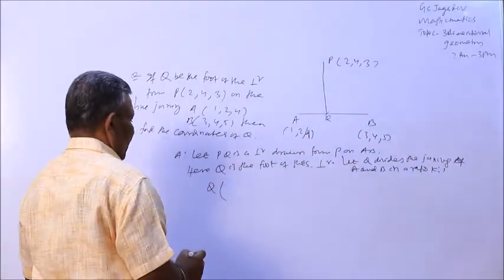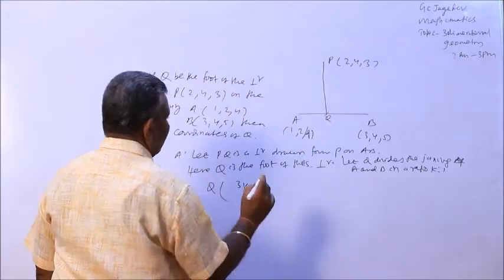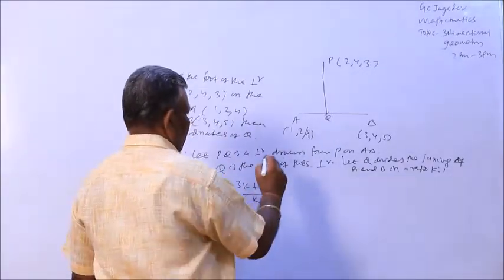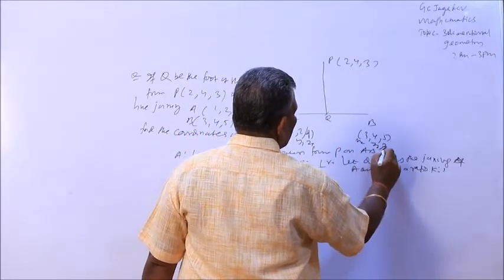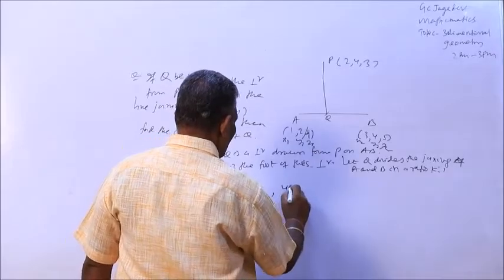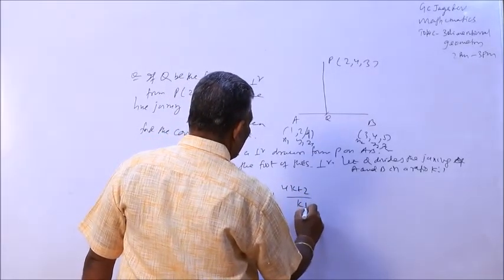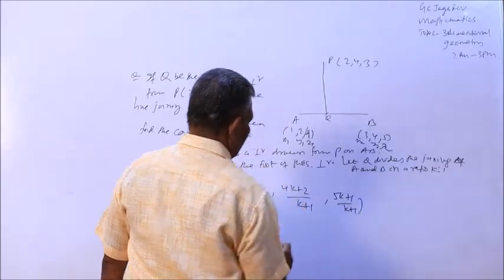So Q can be taken as (3k plus 1) by (k plus 1), using the formula (k x2 plus x1) by (k plus 1), for x, y, z: (3k plus 1) by (k plus 1), (4k plus 2) by (k plus 1), (5k plus 4) by (k plus 1).